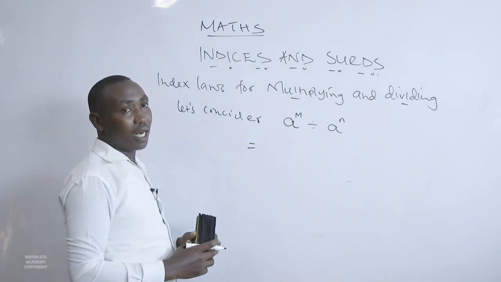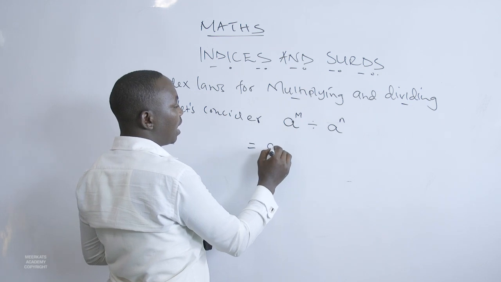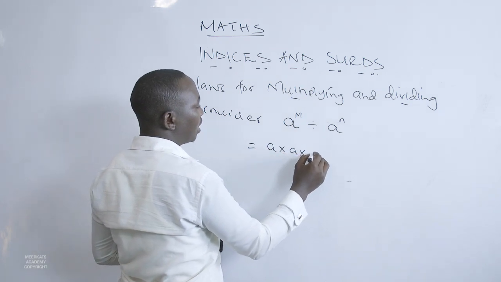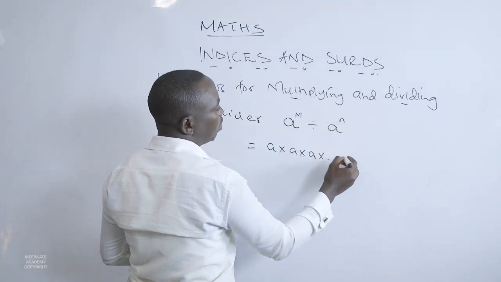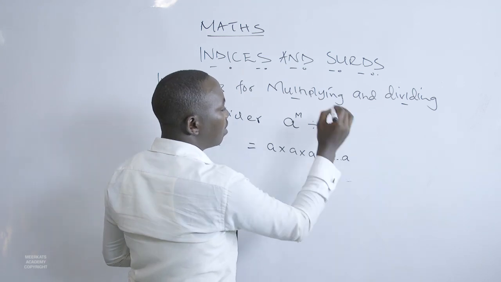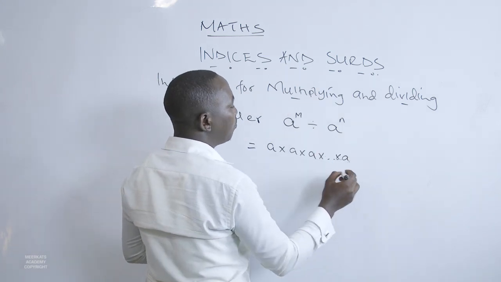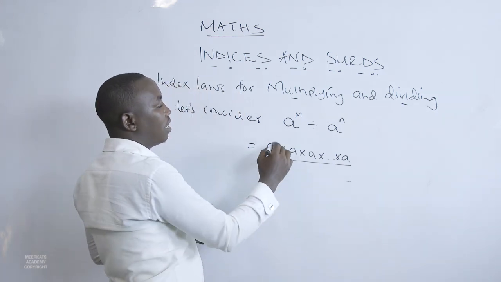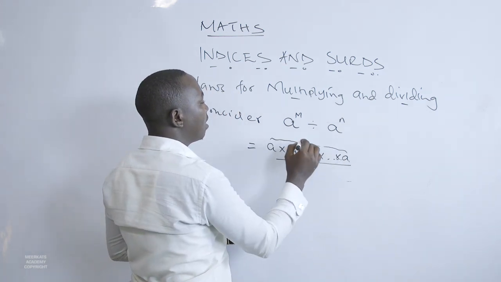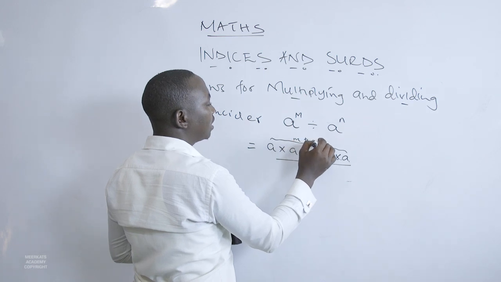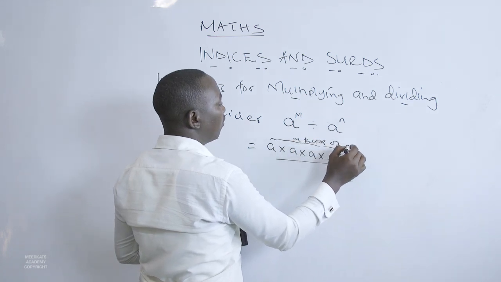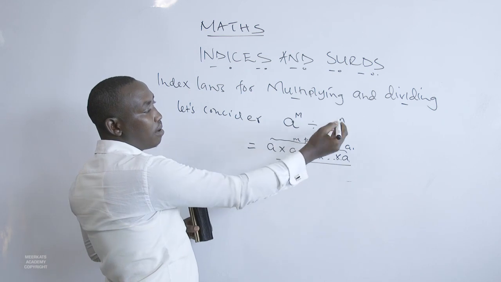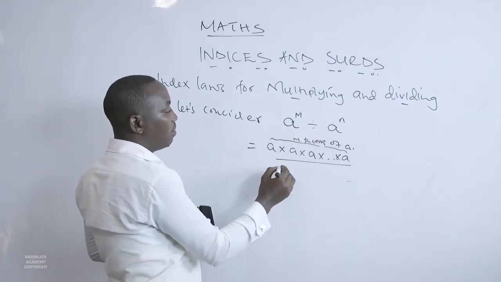So this written in expanded form shall be a, we shall have the first three, then multiplied by so many other a's. These are the m factors of a. We divide by the n factors of a.